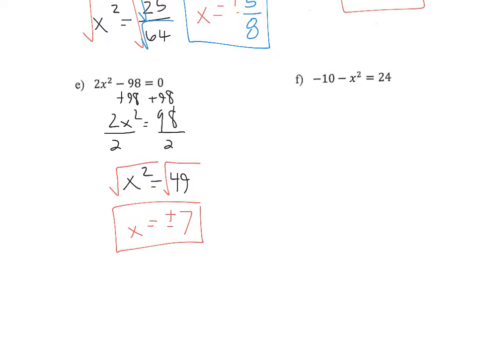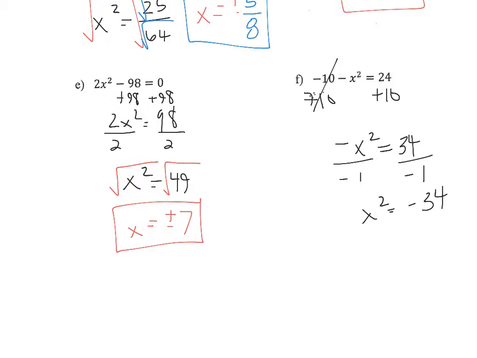And then the next problem, I'm going to add 10 to each side because I'm trying to get the x squared by itself. So I get -x squared equals 34. Divide by -1. And I get x squared equals -34.